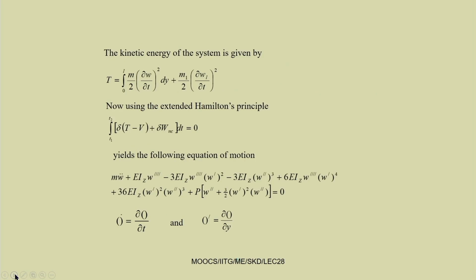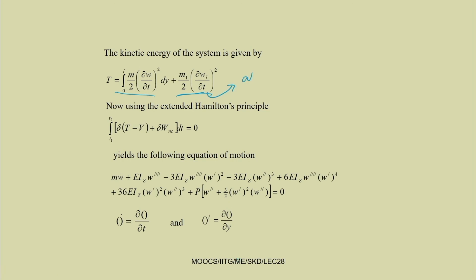The kinetic energy of the system can be given by T equal to half m into del w by del t whole square dy, plus the tip mass. This is due to the beam, and this is due to the tip mass, the attached mass.